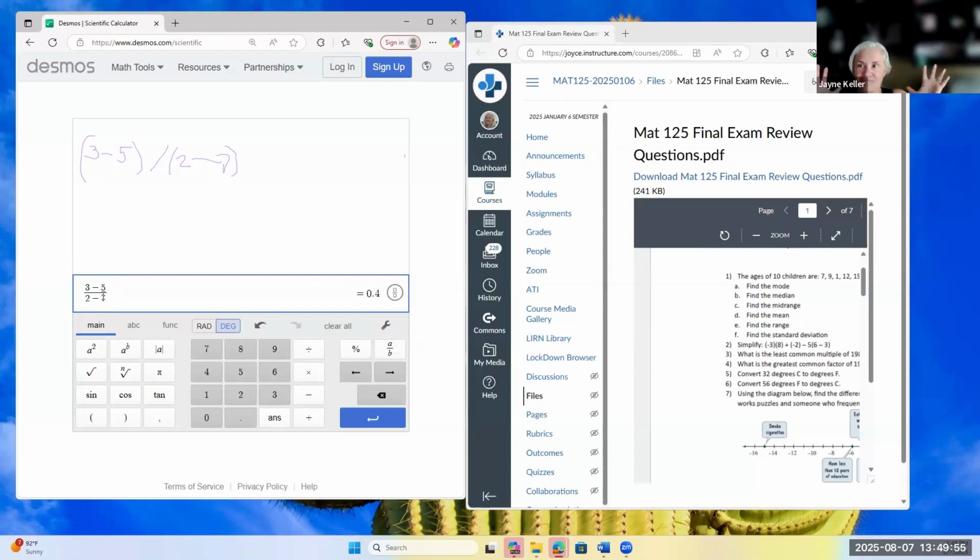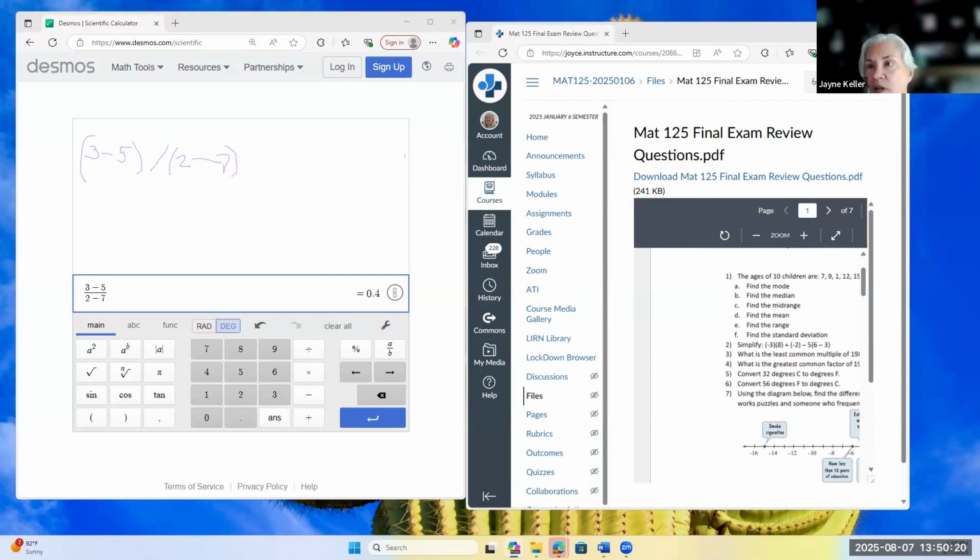So a numerator written this way with a fraction bar will take care of that for me. But if I were to enter this onto a regular calculator and I didn't do the parentheses, it would do -5 divided by 2, and then it would do the rest. So that's something to pay attention to.